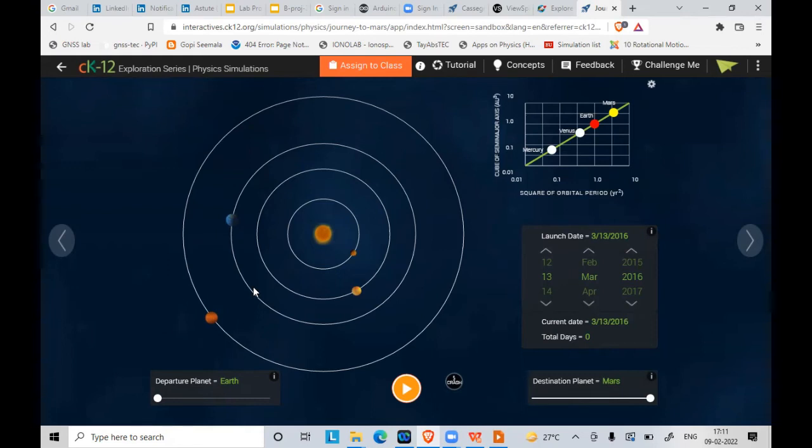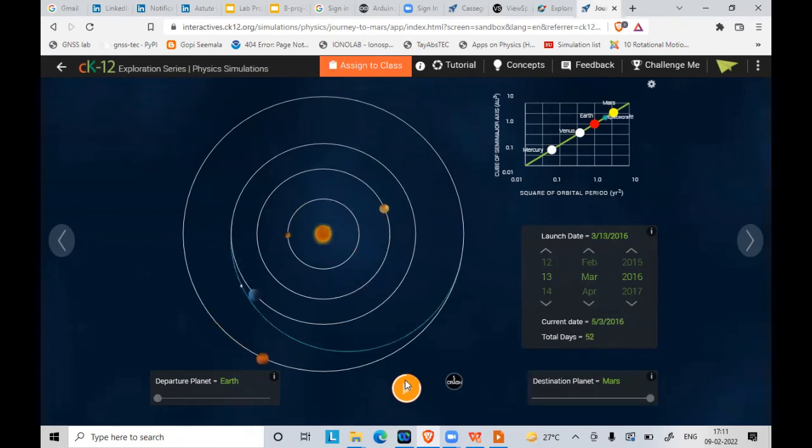This is called opposition, where you have Mars on one side, the Sun on the opposite side, and the Earth in between. These planetary situations are advantageous, and the time around such oppositions is favorable for launching space missions. So we'll see now what happens in the simulation.